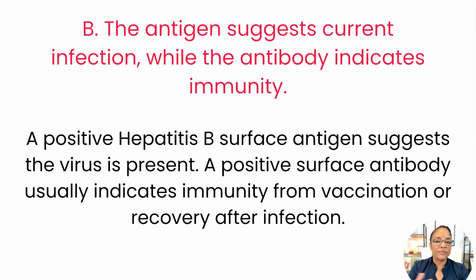So as professionals, when we receive the vaccine, the 3 doses or the 4 doses, whatever it is that you received, and you get your blood tested, you will see that the hepatitis B antibody will be positive, or it'll give you a number, and the number usually is above 10. That means that you are immune.